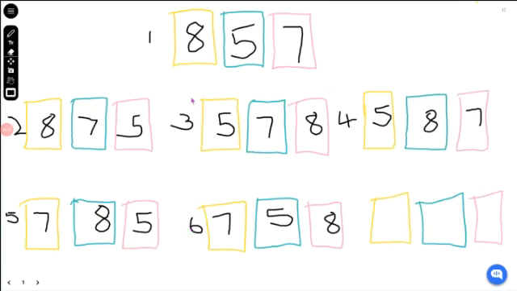So all the different combinations we can make are 857, 875, 578, 587, 785, 758, which means we can make 6 combinations.